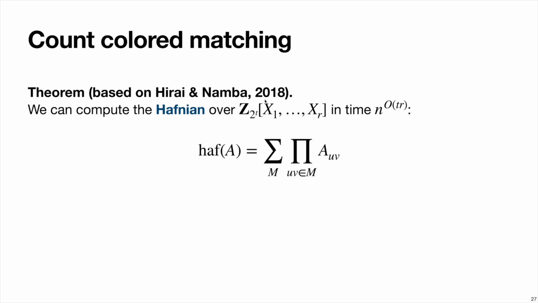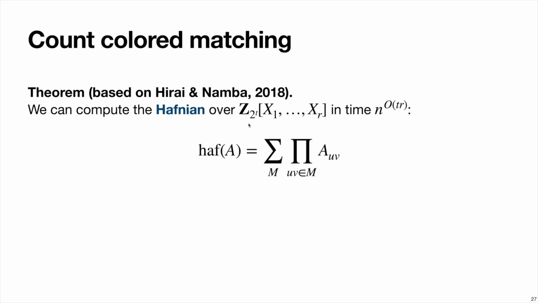Hirai and Namba basically show that this quantity can be computed in time n to the O of t r, where 2 to the t is the modulus that we're looking at. So we're looking at the ring Z_{2^t}, the integers modulo 2 to the t. And we actually look at polynomials in r variables. So each entry of A is a polynomial in r variables over this ring.